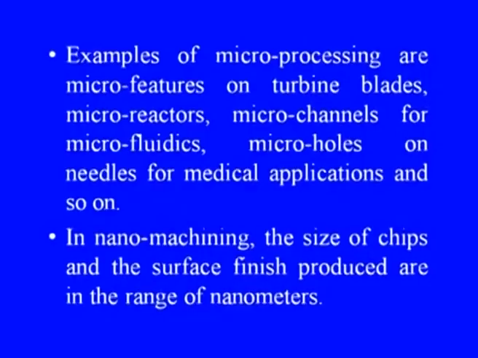Examples of micro processing are micro features on turbine blades, micro reactors, micro channels for microfluidics, micro holes on needles for medical applications, lab on chip, then heat exchangers, micro channels for heat exchangers, and so on.